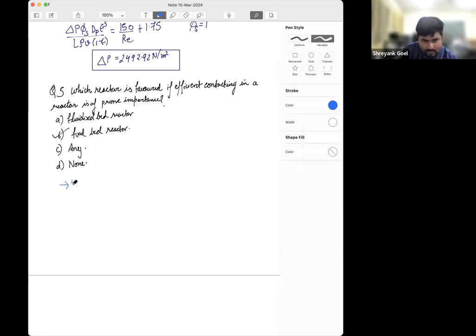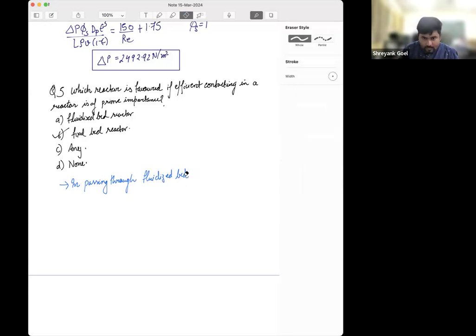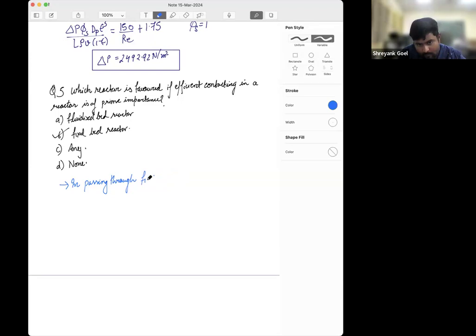So the reason is, in passing through fixed bed, and this reasoning I am taking from Levenspiel's book on chemical reaction engineering, that is CRE.